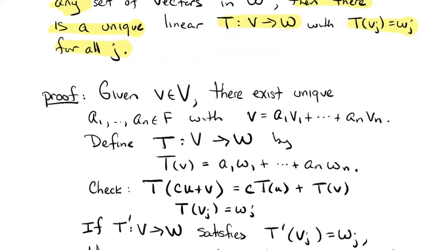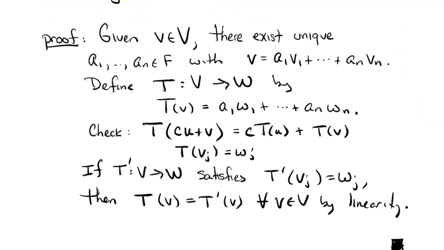So let me show you the construction. How do you define this map? The key comes from the uniqueness in a linear combination of a basis. If you're given a v in this vector space, there are unique scalars a1 through an, and I'm going to emphasize unique because it's from a basis, such that v is a linear combination of the vj.